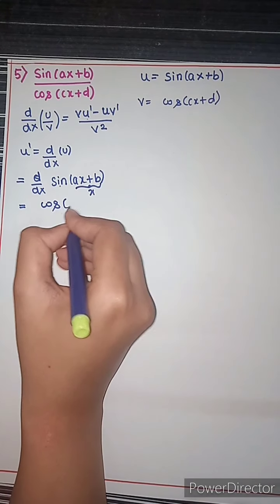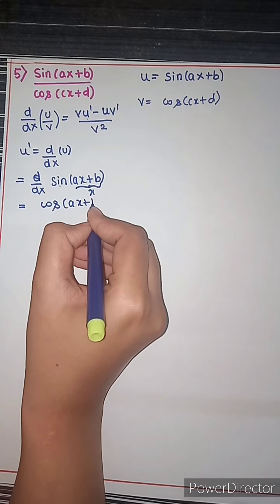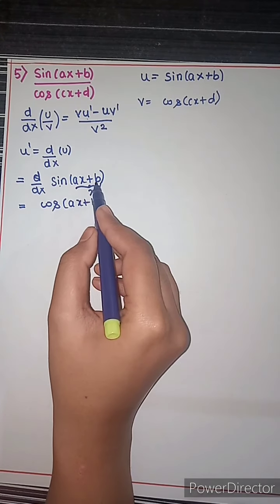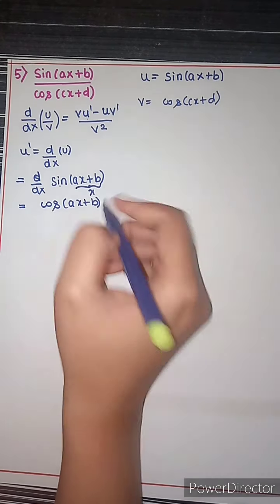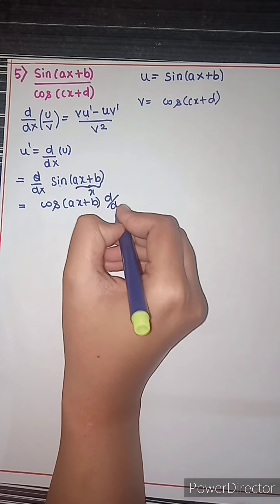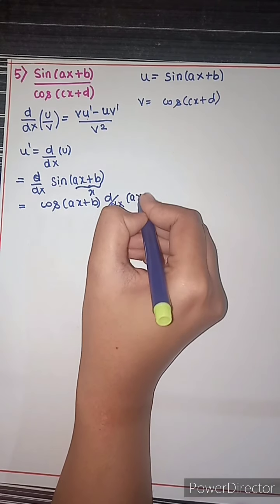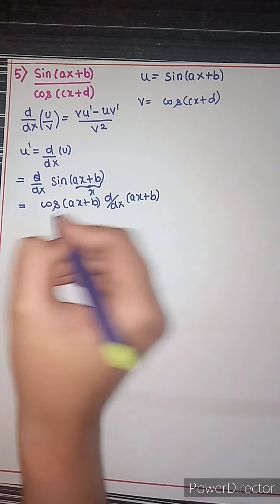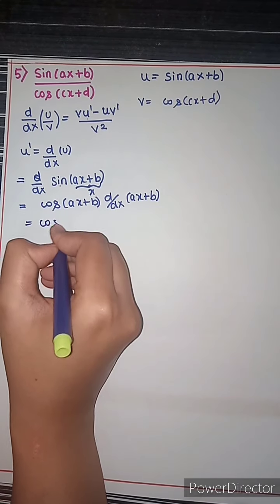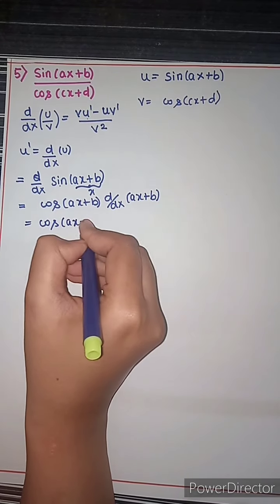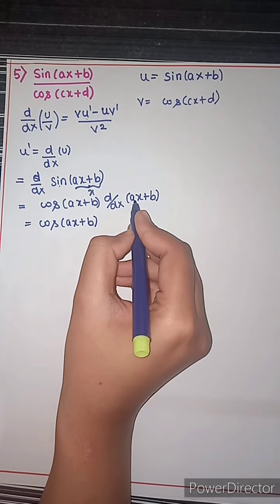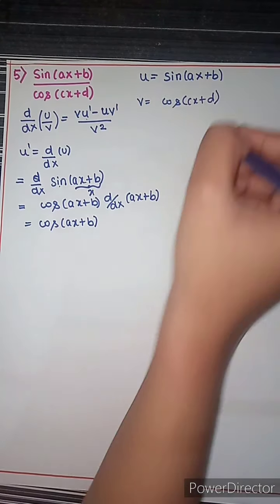In the place of x we have ax plus b. Now we have to find the derivative of the angle. So cos of ax plus b as it is, and derivative of ax plus b.